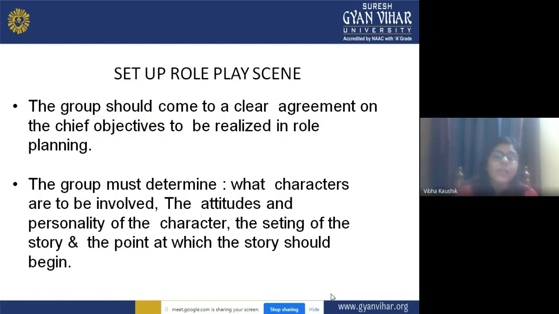The beginning should be important, and it should increase the interest of the audience in the play.